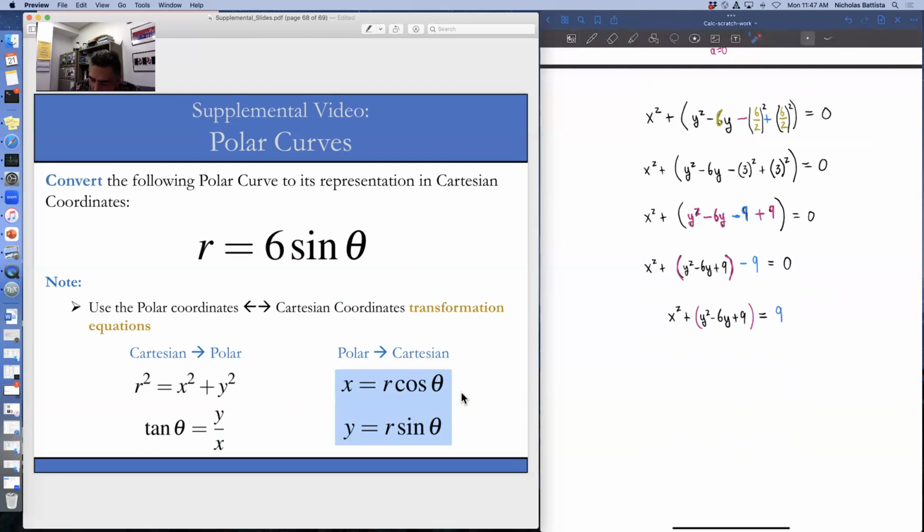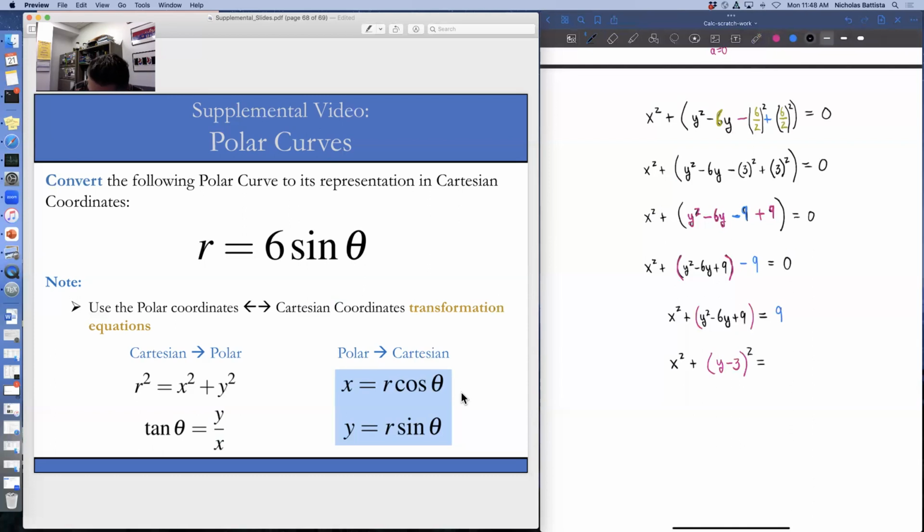And our next goal is how can we take this and write this as a quantity squared term? Well, the factors of 9 that add up to minus 6, we can factor into minus 3 and minus 3. So what that means is we can write this as x squared plus the quantity y minus 3 squared.